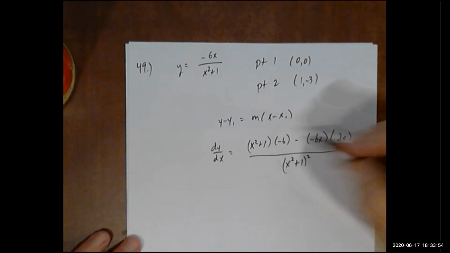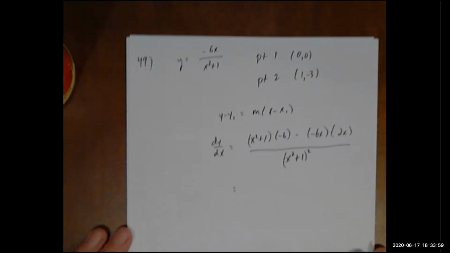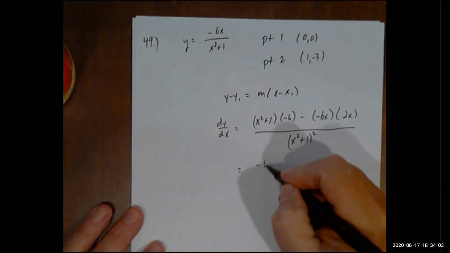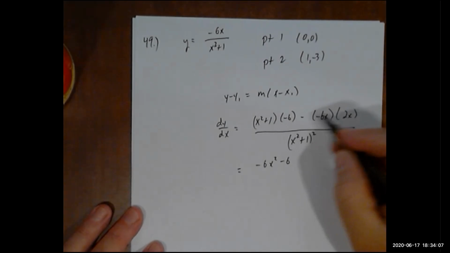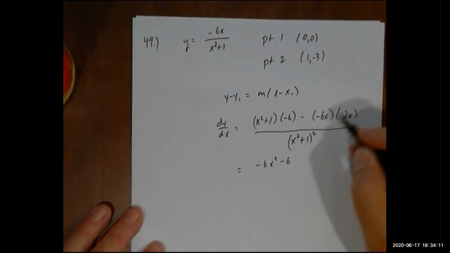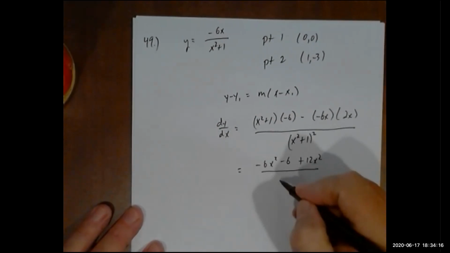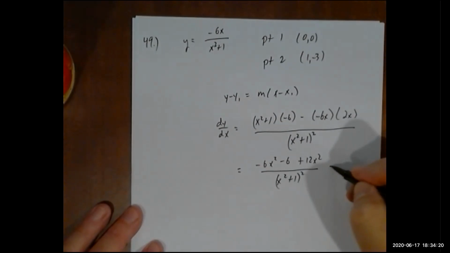Let me go ahead and multiply out the top, try and simplify a little bit. So these first two parentheses, I'd have negative 6x squared minus 6. Don't forget the minus here. So negative 6x times 2x is negative 12x squared plus 12x squared all over x squared plus 1 quantity squared.